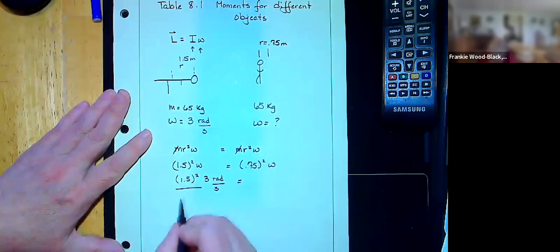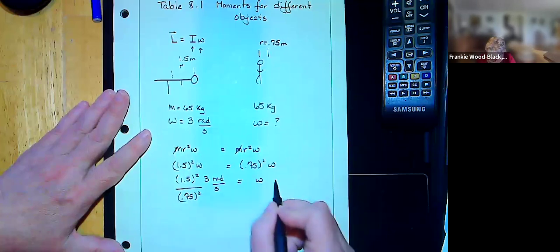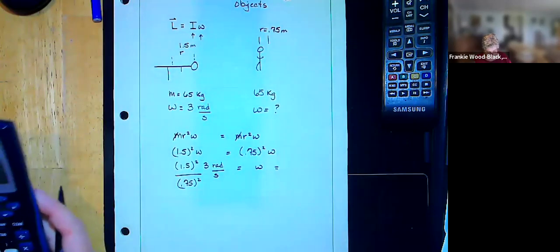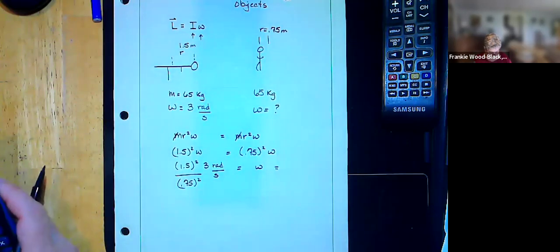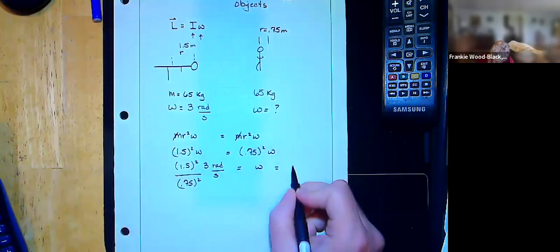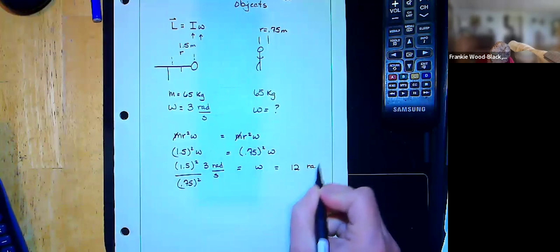Now we're going to divide by our 0.75 squared, and that's going to give us our new one. And we've all seen the figure skater, right? It's going to end up being faster. This is going to end up being 12 radians per second.